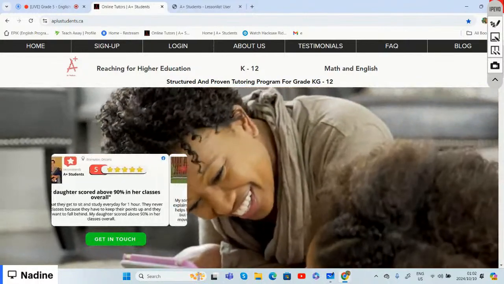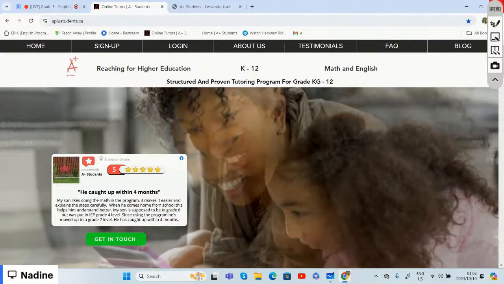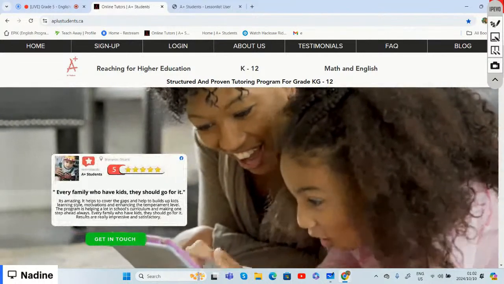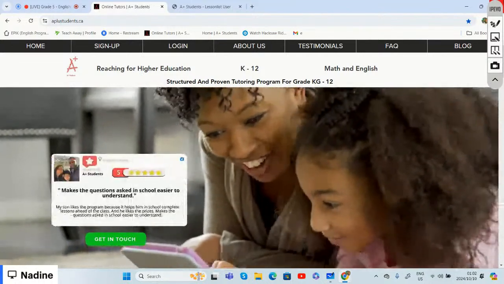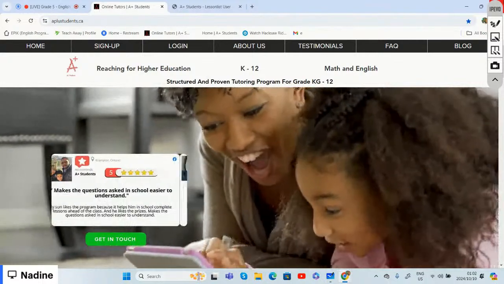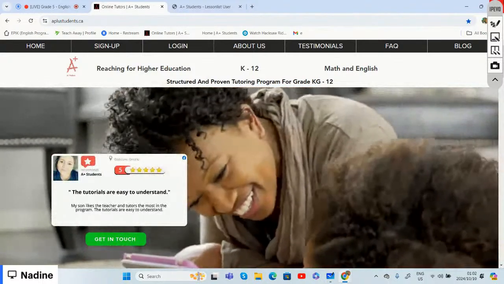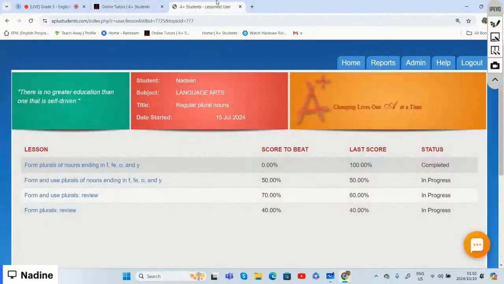We're doing grade 5. And then we're going to scroll down until we get to our chapter of regular plural nouns.